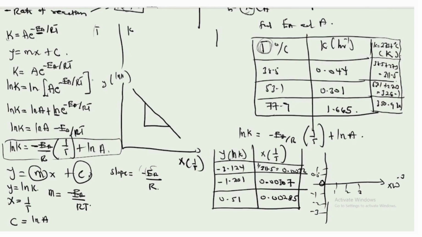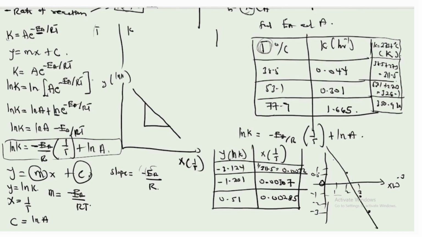Negative 3.124, when you convert the x to 10 to the negative 3, becomes 3.2, so we are going to get something around this point. For the second one, negative 1.201 and 3.07, somewhere here. And the last one, 0.5 and 2.85, somewhere here. We are going to get something like this.